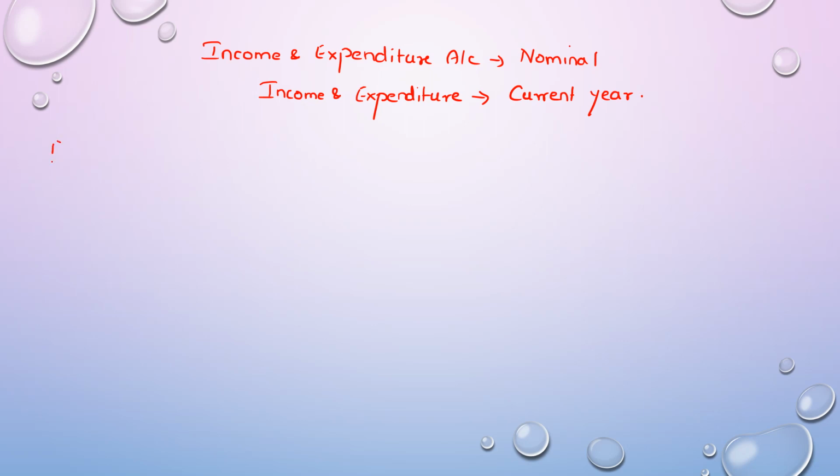Let us start with the first type of items, which are normally revenue expenses. Items which are revenue in nature, or the revenue items. Basically, when you learned about the receipt and payment account, you saw all the payments made, whether they are related to the current year, previous year or next year, and whether they are revenue or capital in nature. Everything was found on the payment side of your receipt and payment account.